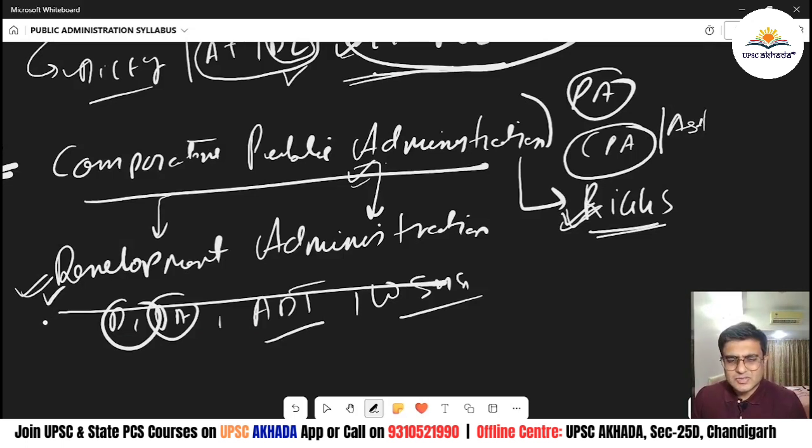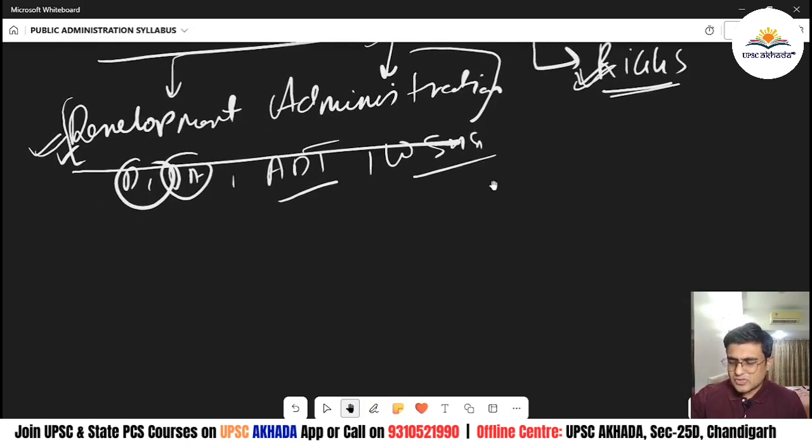It makes the answer holistic. For example, in this chapter on development administration, depending on the question of course, you can also mention the Gujarat model of development, the Kerala model of development, and now the Telangana model of development.